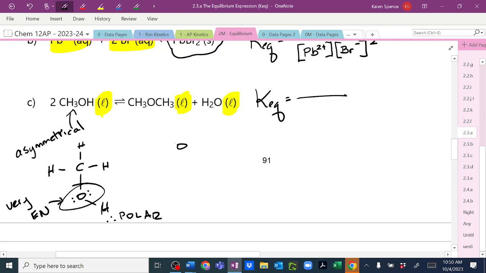How about this one, polar or non-polar? Polar, because it is bent, which means we have lone pairs here, yes? Lone pairs. So is it symmetrical or asymmetrical?